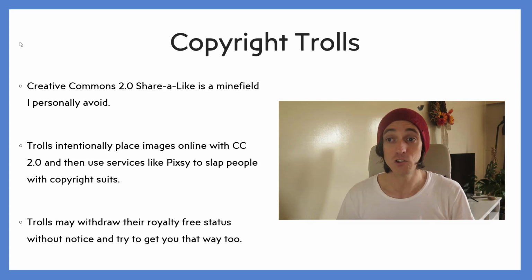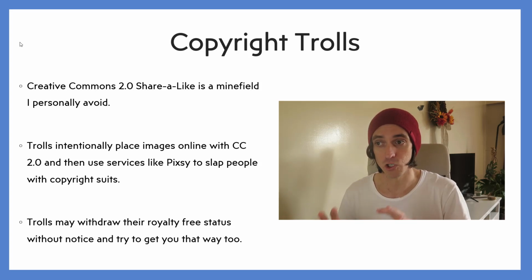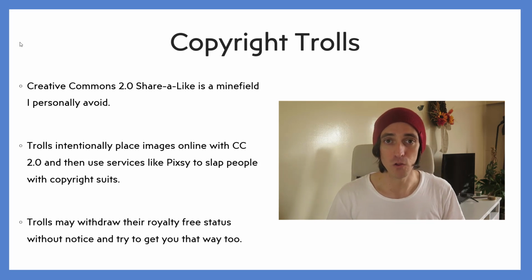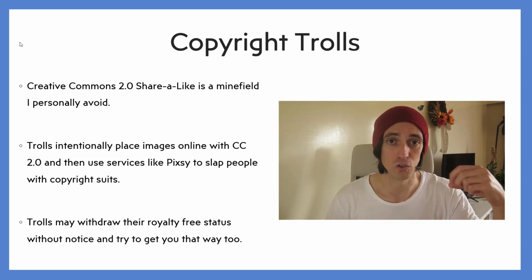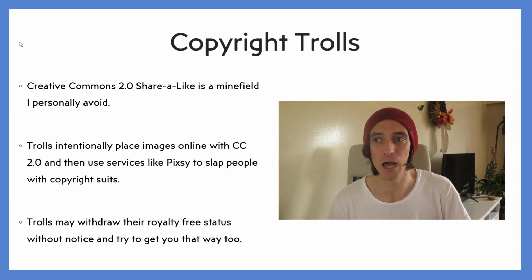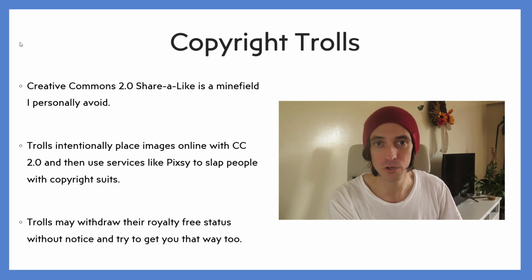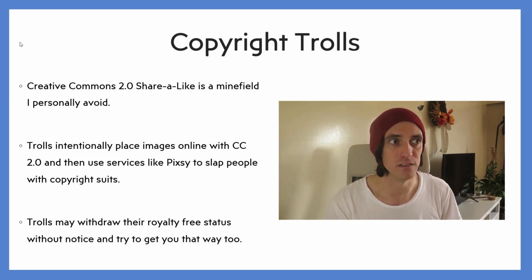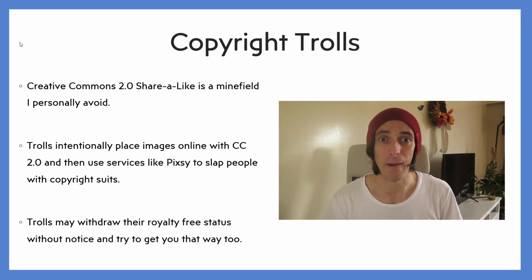So I don't use Creative Commons 2.0 share alike. It's supposed to be that you can use the image, and as long as you provide the correct attribution, then you're allowed to use it. But sometimes if you do the wrong attribution, and that could just mean simply linking to the wrong page on someone's website, I don't want to even go down that path.